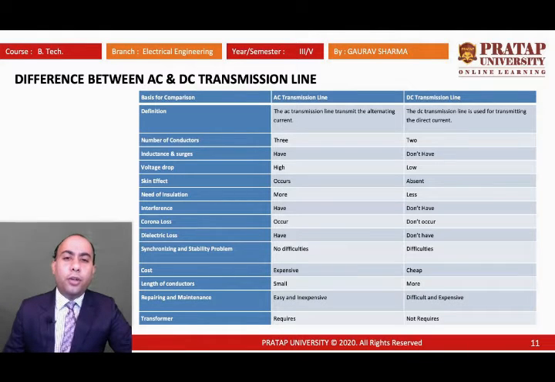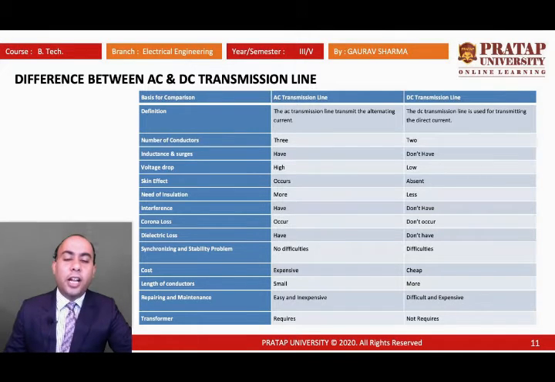The need of insulation in the AC transmission line is more, and in case of the DC transmission line it is very less. Interference in the AC transmission line is very high, but in case of DC it doesn't have. When we talk about corona loss, the AC transmission line has it, but the DC transmission line doesn't have.